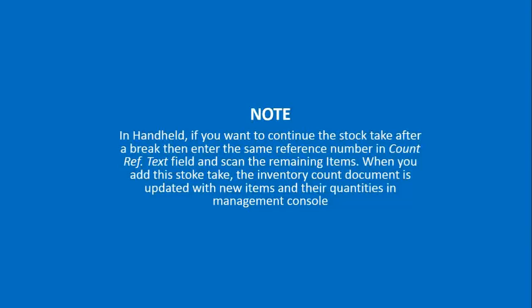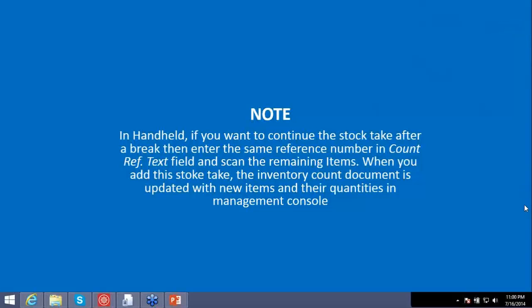So this is 100% available, and this is 100% integrated with the iVend Management Console. Now this is what we have added as a feature in our particular iVend Handheld. These are the features which I have shown you that are available as on date, and we assure you that we are going to provide you many other things in the iVend Handheld in the near future.